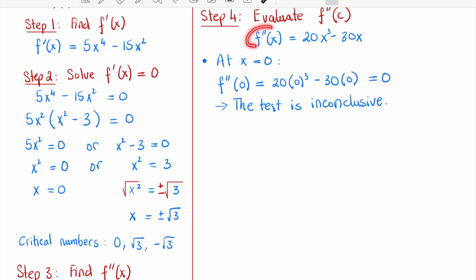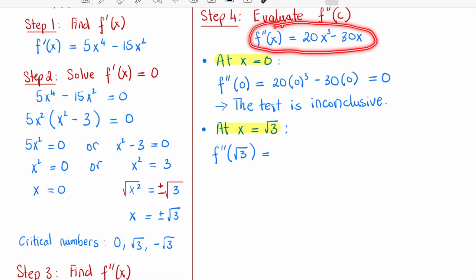Now let's find the value of f double prime at x equals root 3. When x equals root 3, f double prime of root 3 is 20 times root 3 to the third power minus 30 times root 3.